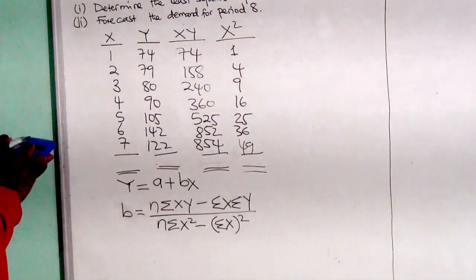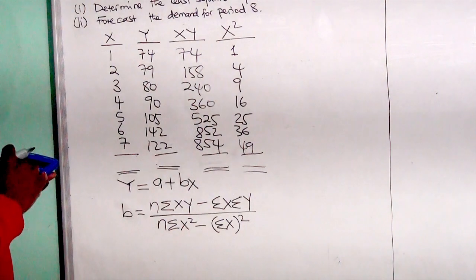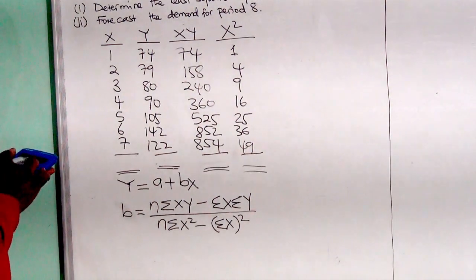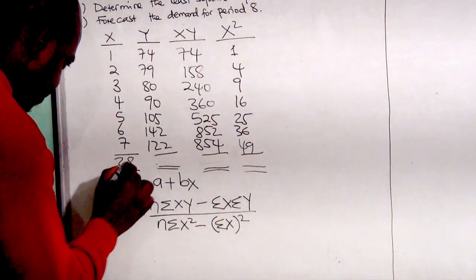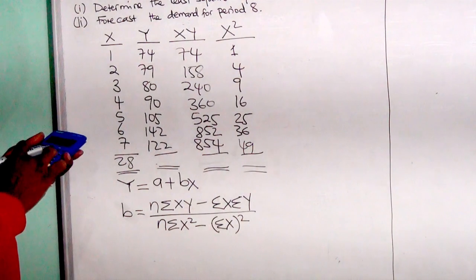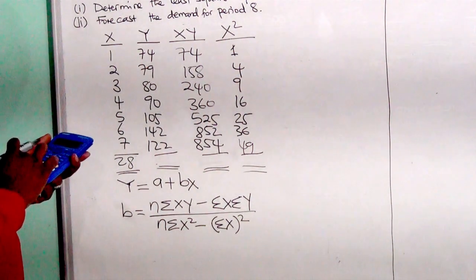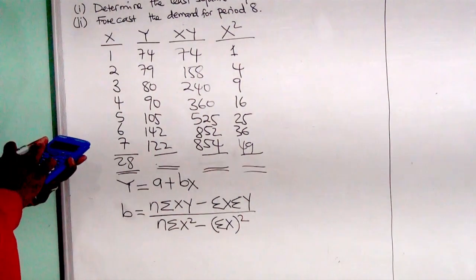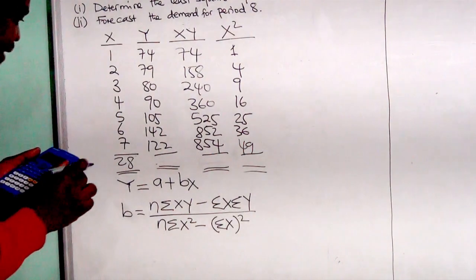So 1 plus 2 plus 3 plus 4 plus 5 plus 6 plus 7 gives me 28. 74 plus 79 plus 80 plus 90 plus 105 plus 142 plus 122, I obtain 692.